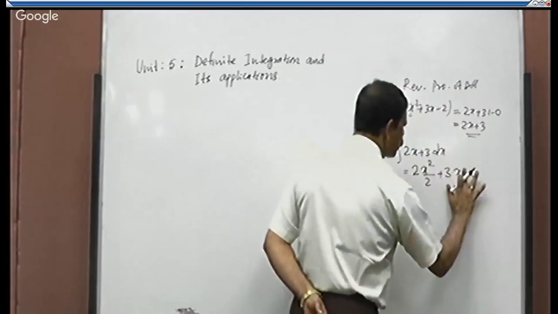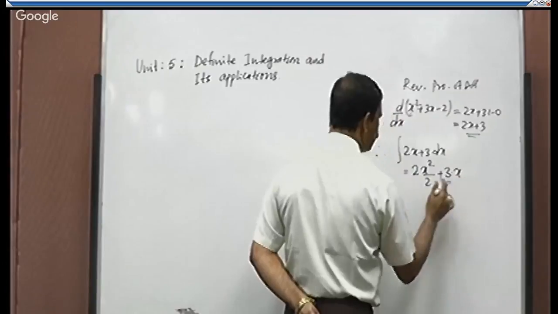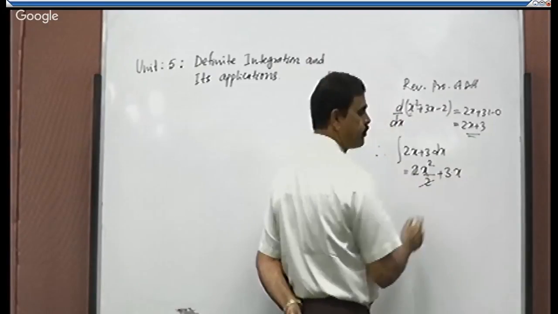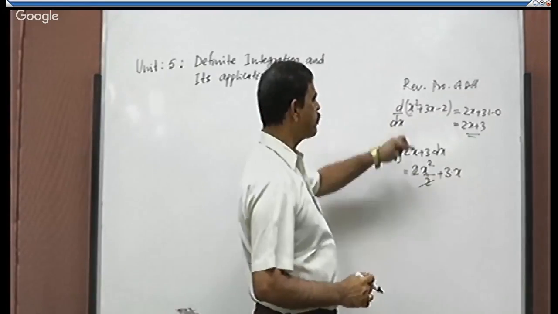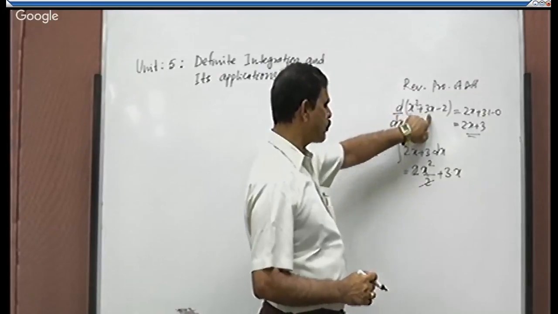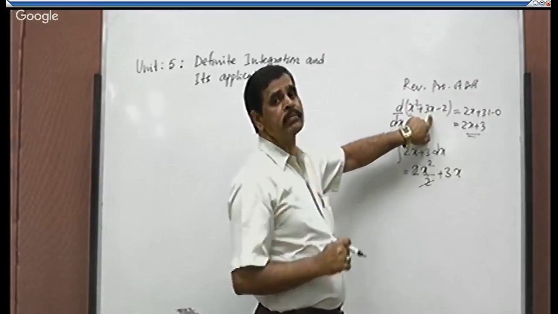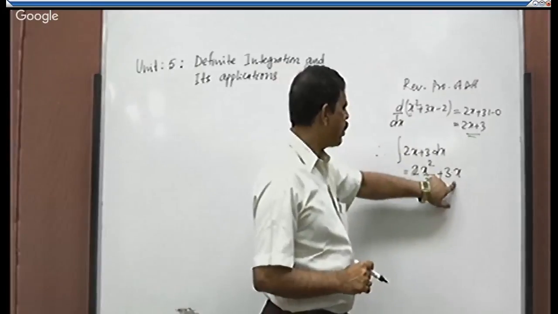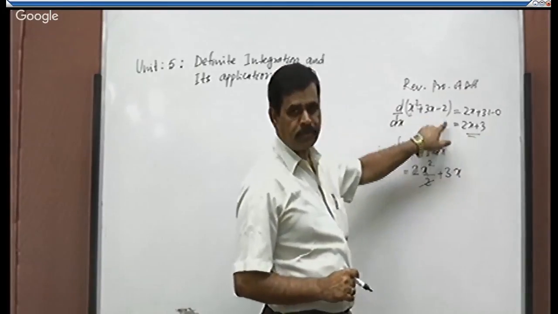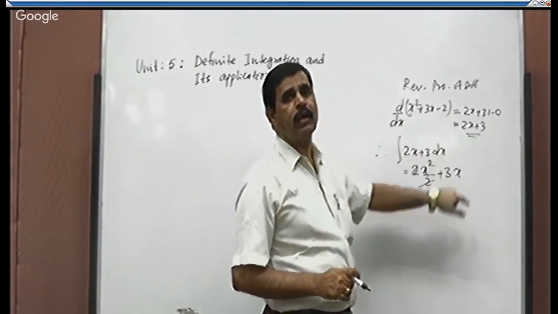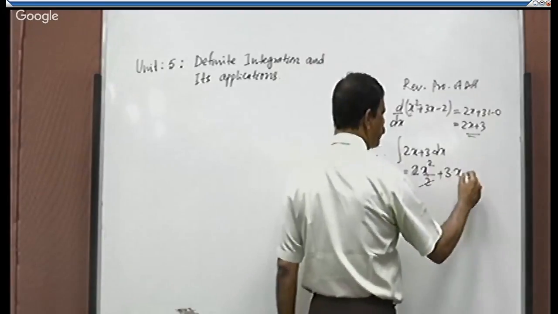So I got only x square plus 3x. But what is the actual function? The actual function is x square plus 3x minus 2. Here, after integration, I am not getting minus 2. So that's why I have to put plus c.